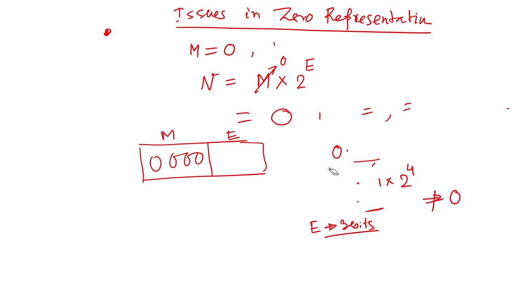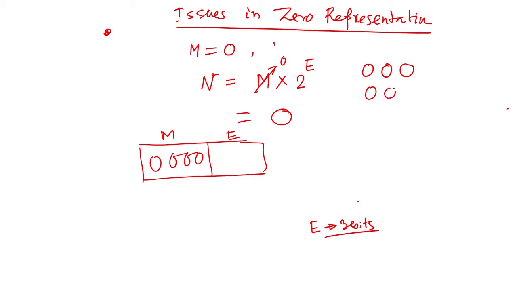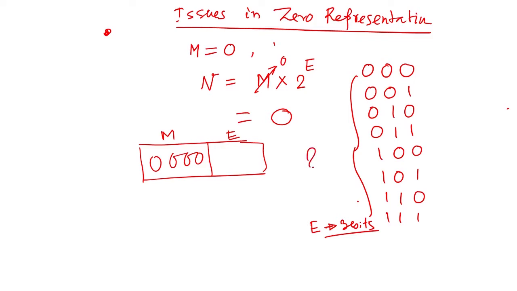Let me explain it in detail here. With 3 bits, what are the combinations? It can be 000, 001, 010, 011, 100, 101, 110, and 111. So we have a total of 8 combinations.